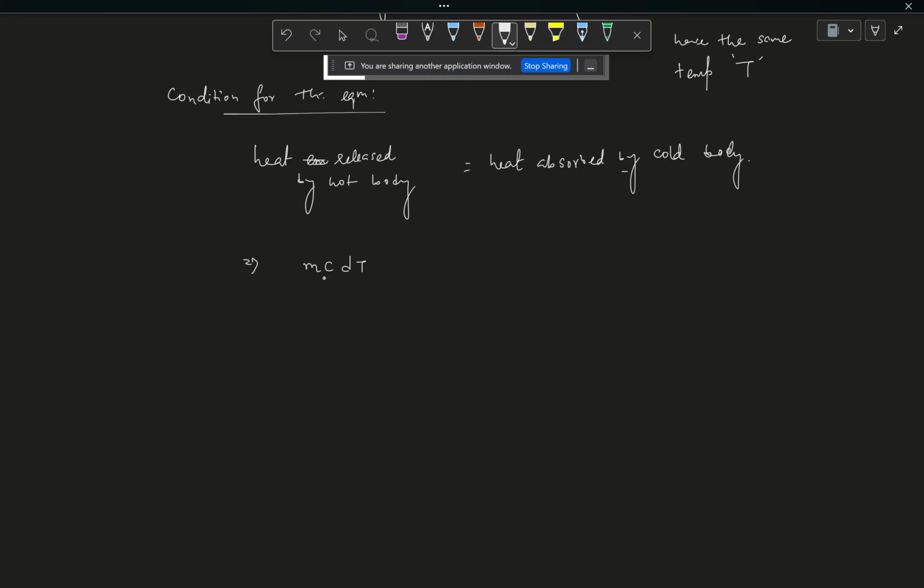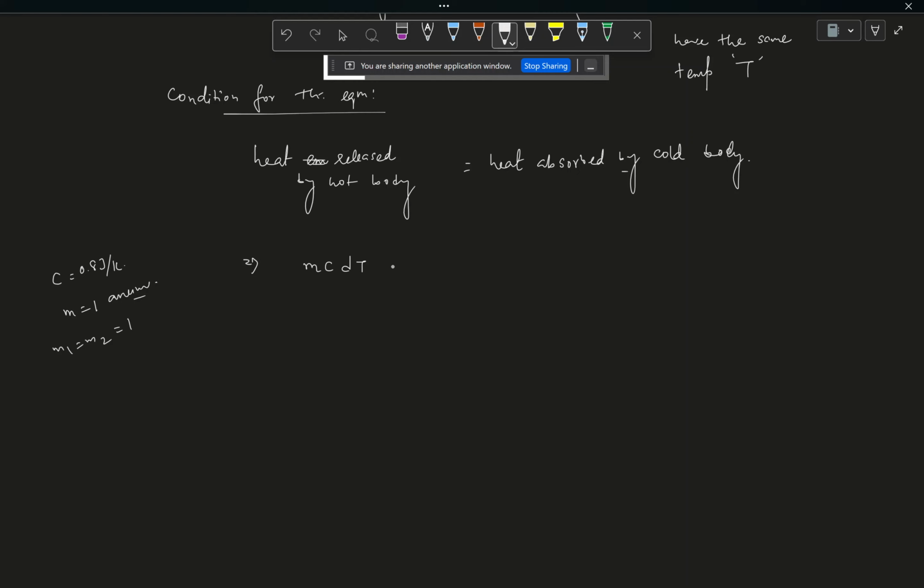So for simplicity, we can consider that the mass is unity for both cases, also because in the question it is mentioned that both the bodies have the same mass. Because our C is just 0.8 joule per Kelvin for both, we can consider that our mass is unity.